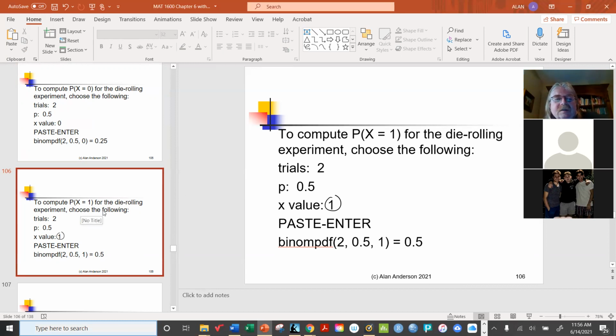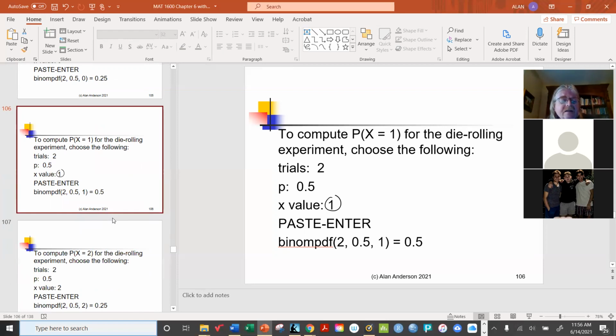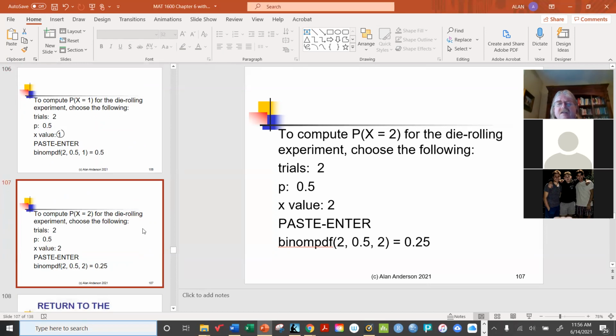And what about 2? Well, again, you only have to change the value of X. So when you go back to the menu, you'll notice that all the numbers are still there. The only thing you change is the X. And there you go. So we got all 3 probabilities in no time at all. And with no mistakes.